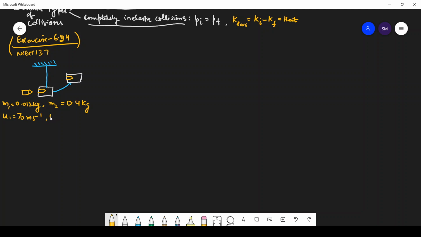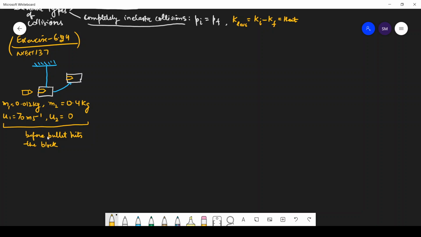And what was the velocity of the block? It was at rest, so U2 was 0. These are the things before the bullet hits the block, or you can say before the collision.